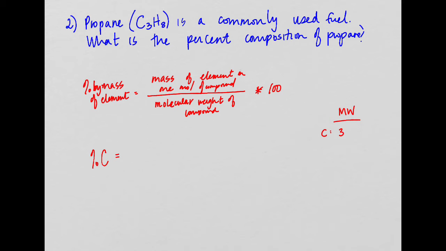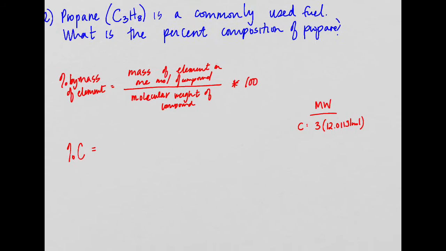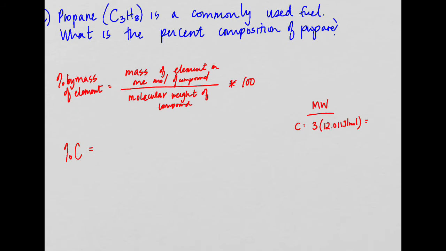We have 3 carbons multiplied by 12.011 grams per mole of carbon. This gives me 36.033 grams per mole of carbon. For hydrogen, we have 8 times 1.008 grams per mole.